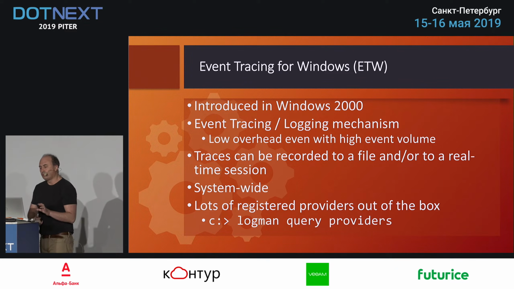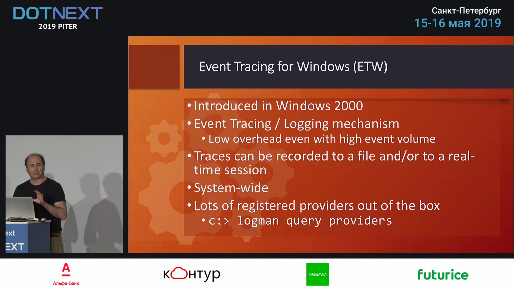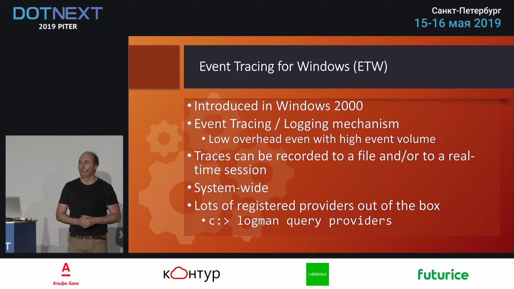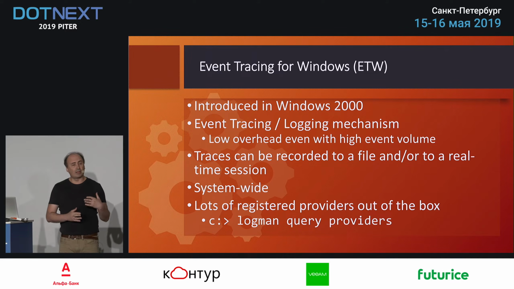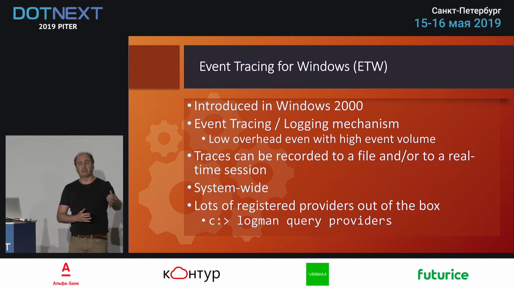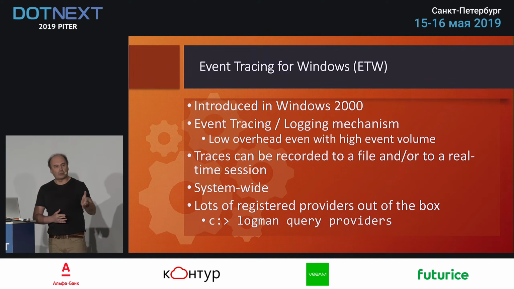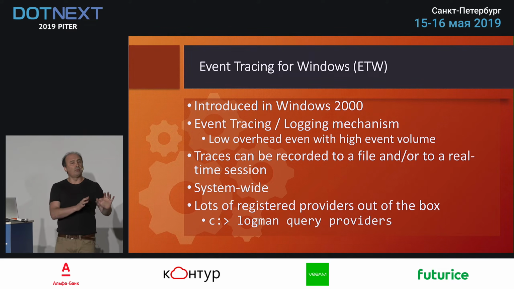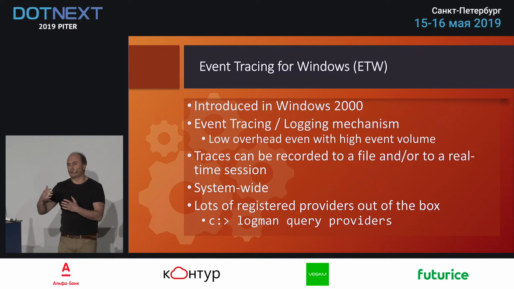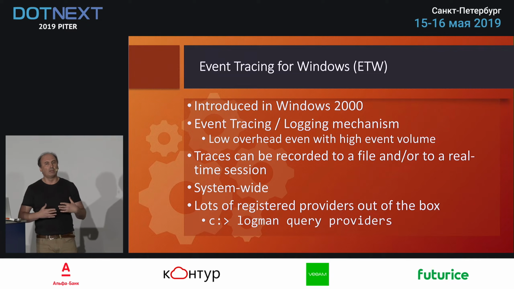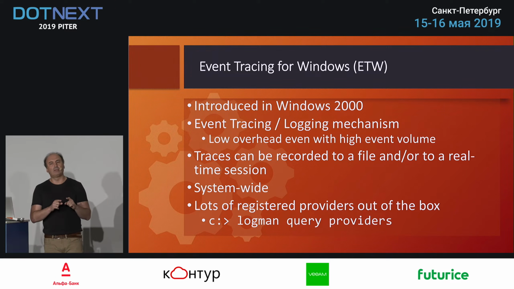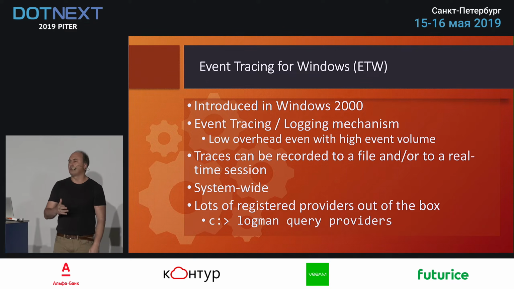And so one of the properties of ETW is that it's always system-wide. If you look at something like a debugger, if you try to debug something, you actually attach to a certain process. So you're attached to this process, you can see everything going on in that process, but what about other processes? You have to attach to more processes if you're interested in them, but sometimes you don't really know what's going on. You can't really pinpoint the exact process that may be causing you issues.